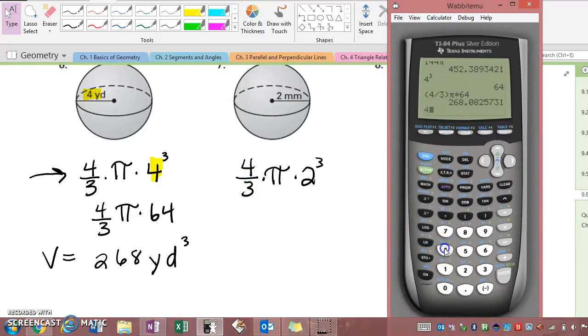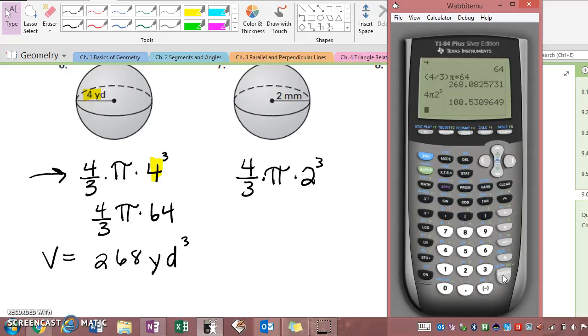Okay, but this is another way that you can put it in your calculator. You can say 4, pi, 2 cubed, and then hit enter. But what do you have to do to that number? What haven't we done in the formula yet?